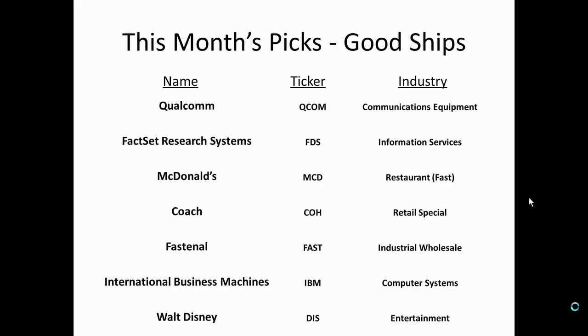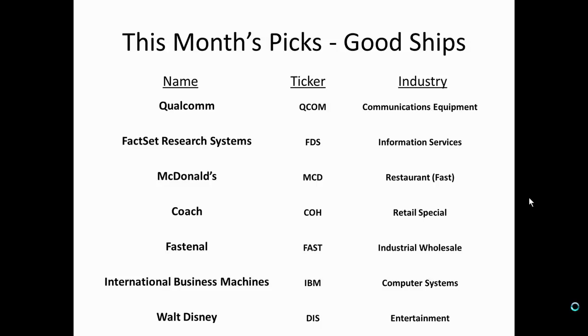Okay, so if no other questions, these are this month's picks, and I'm calling this list Good Ships based on last week's sessions. We have a list of 7 companies that the investment clubs can pick from. Qualcomm, ticker QCOM, in the communications equipment industry. FactSet Research Systems, ticker FDS, in the information services industry. McDonald's, ticker MCD, in the fast food restaurant industry.